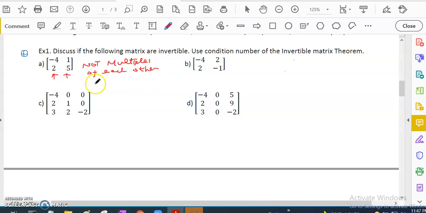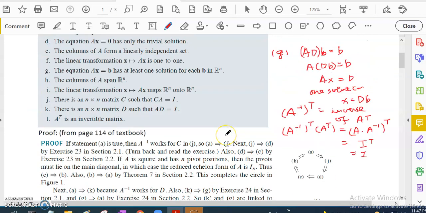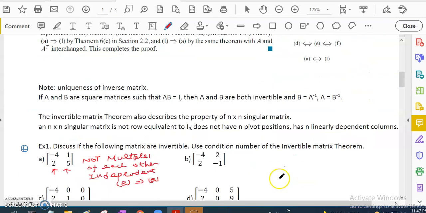I've forgotten what section it is in chapter 1. So they are independent, which is condition E, and that would prove condition A, which makes it invertible. Condition G, yeah, they're linearly independent.